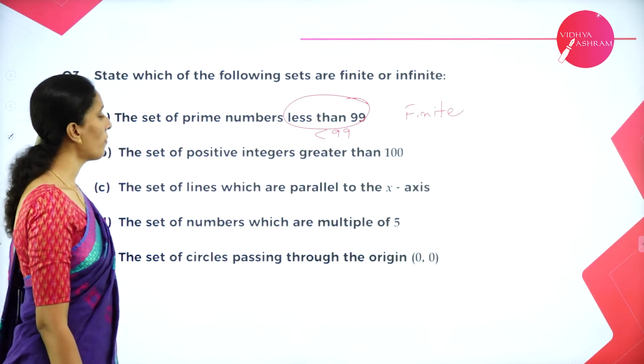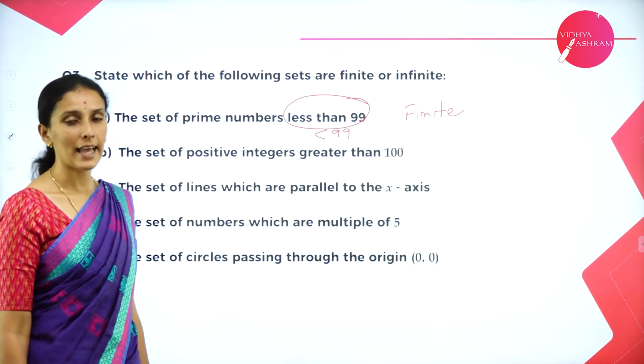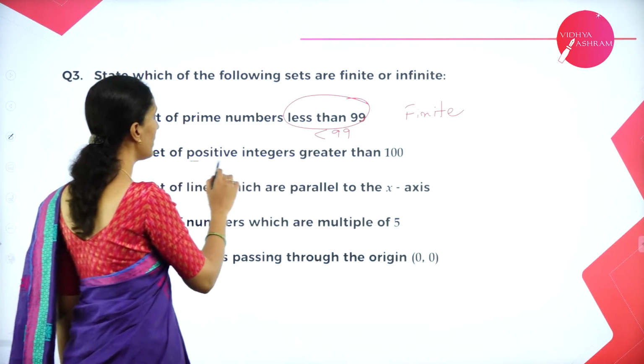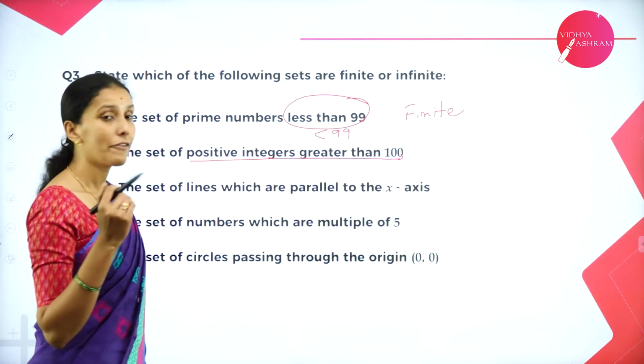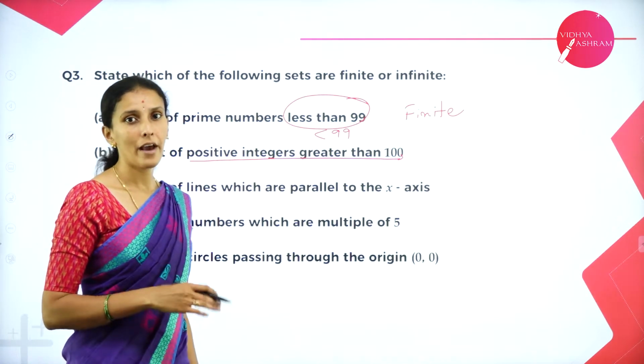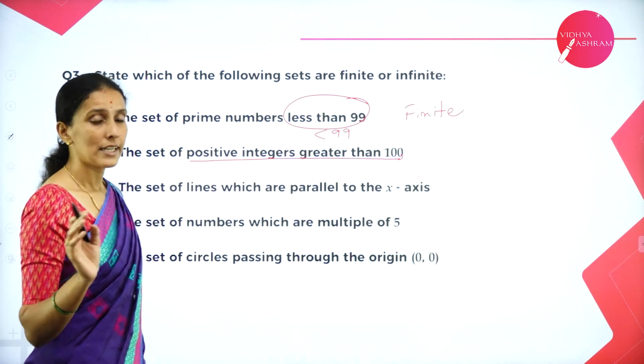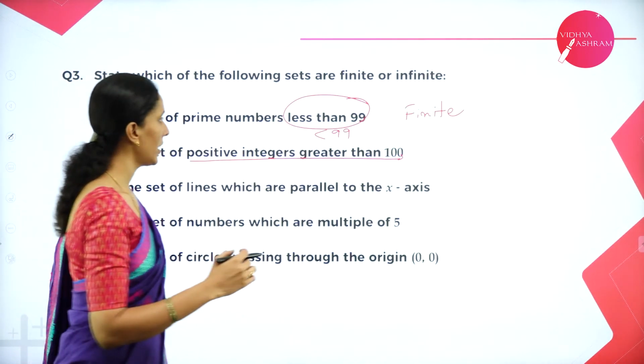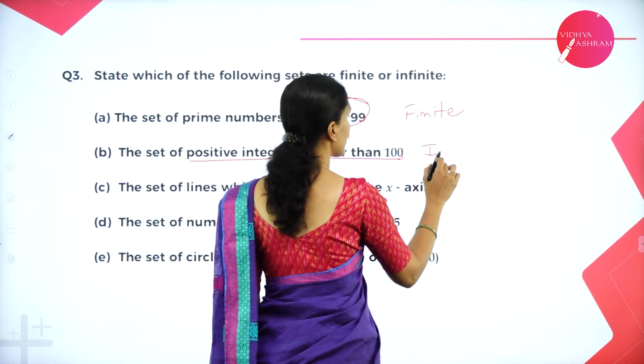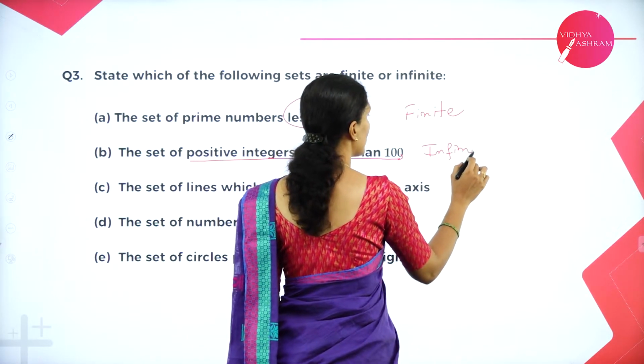And the set of positive integers greater than 100. So positive integers greater than 100 means after 100 you can write 101, 102, 103, which are all positive integers, and it is not countable; it goes on to infinity. So therefore, this is an example of an infinite set.